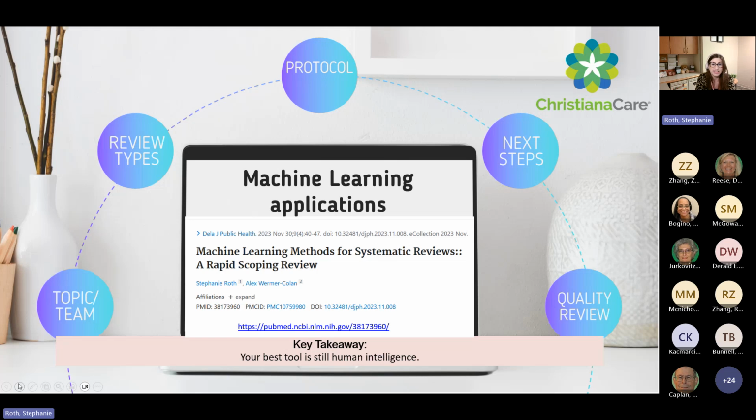And that came out of me attending classes that he was teaching on text analysis, and then talking to him about this as a possibility for systematic reviews. I was thinking maybe there's not a lot out there about it. And then when we conducted this review, we realized, oh, there's a lot of people talking about this. We just weren't really hearing it where we were, but we ended up with over 100 studies to go through.